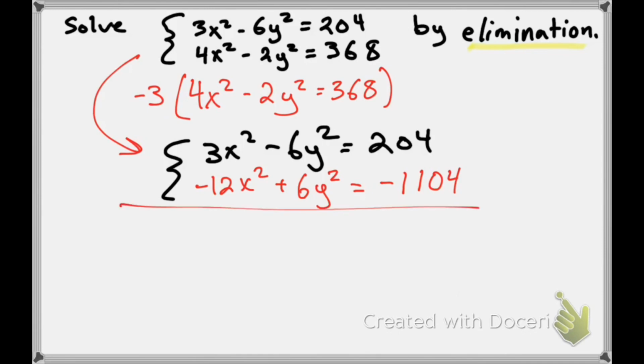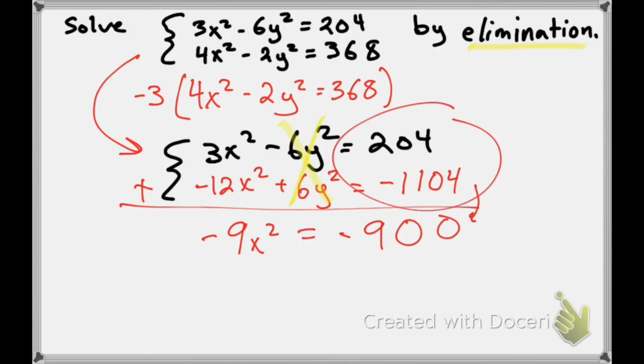Now when I add these together, negative 12 plus 3, that's going to give me negative 9x squared. These cancel out, and I'm left with, I'm going to add those together, negative 900.